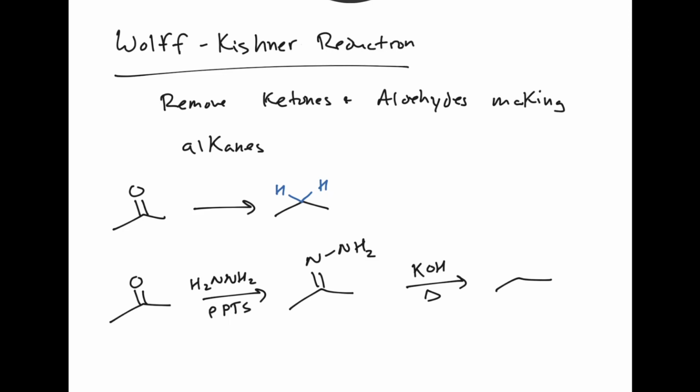So this will often get rolled into one arrow, right? Where in step 1 of the process, you make the hydrazone. And then step 2, you add that KOH and heat.